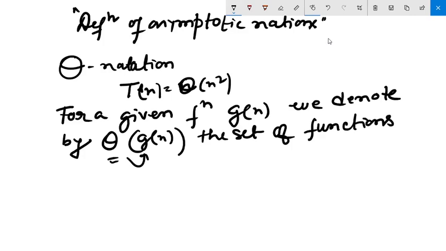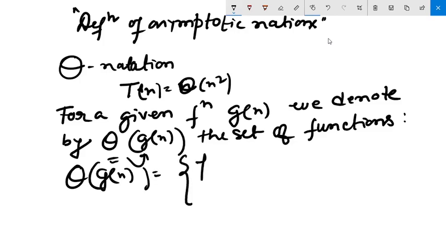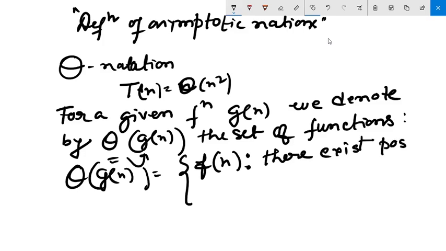Okay, what kind of function is it? So we can represent theta gn such that it can be represented in terms of fn, such that there exist positive constants C1, C2 and N0.